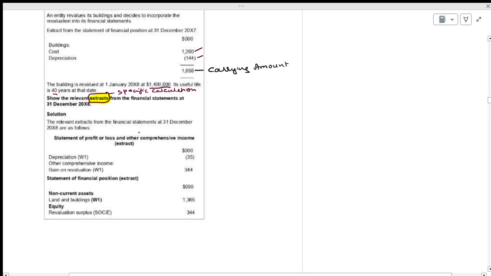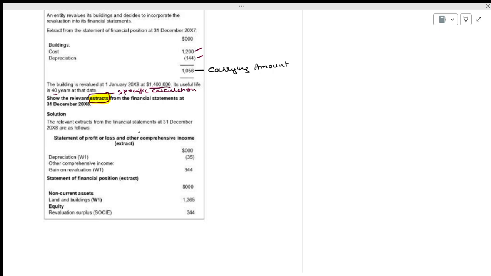Now, how much is the depreciation they have calculated? 144. Okay.